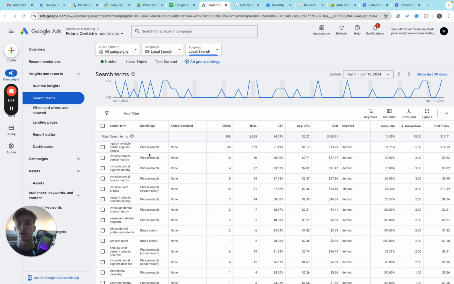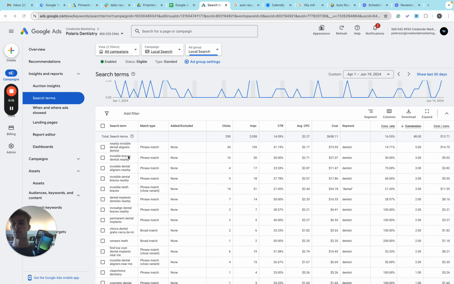Because as you can see here, invisible braces, dentist nearby does include dentist in it, but this phrase as a whole may have some value in adding because Google will be able to specifically show your ad to this specific search term, whereas it may get skipped over sometimes if you have this broad match keyword that's trying to show up to all of these other search terms.